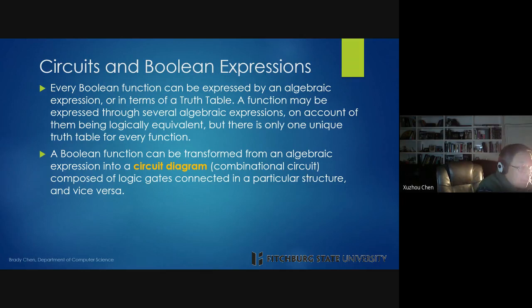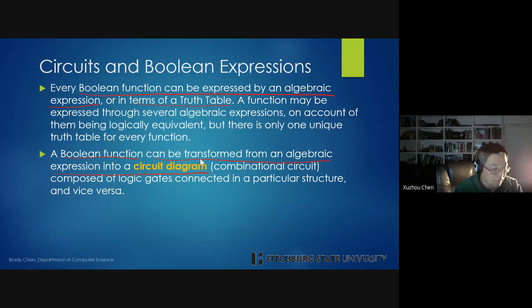Because every Boolean function can be expressed by an algebraic expression, or in terms of a truth table, the function may be expressed through several algebraic expressions. Then a Boolean function can be transformed from an algebraic expression into a circuit diagram. So now you can build a logic diagram that performs this Boolean function.